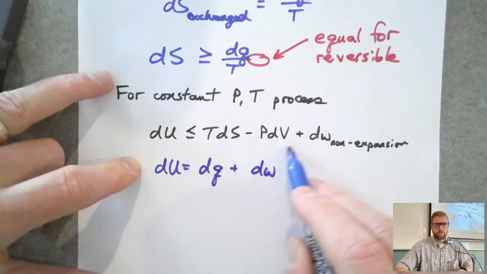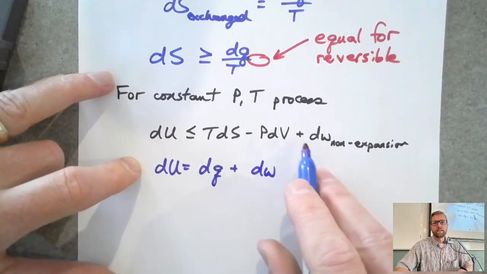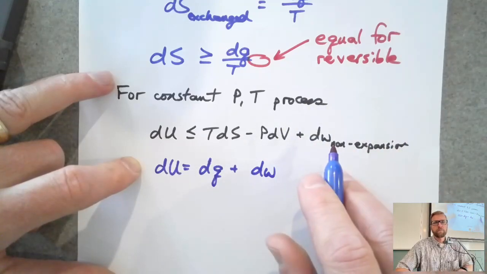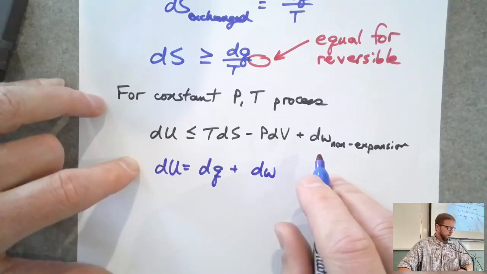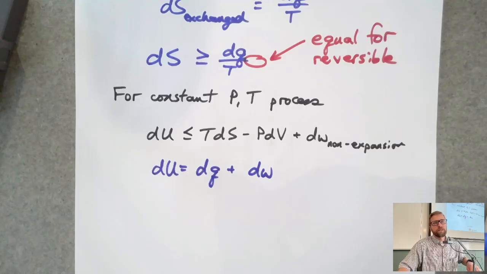All right, and then the other thing that we're doing is putting in what dW is. dW is the expansion work. That's negative PdV. And then we're including this non-expansion work, which we need to keep track of, because there's more than just expansion work out there.